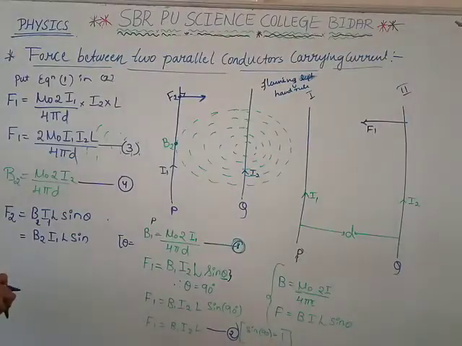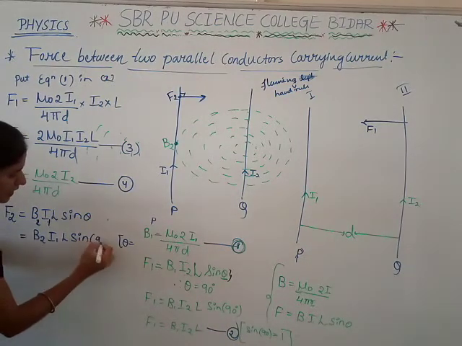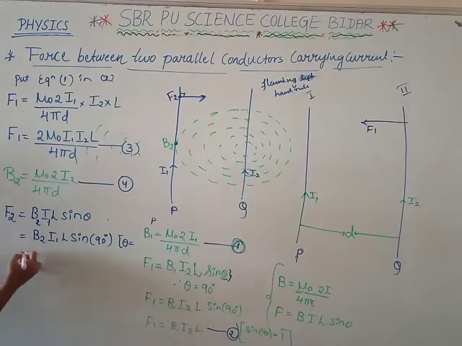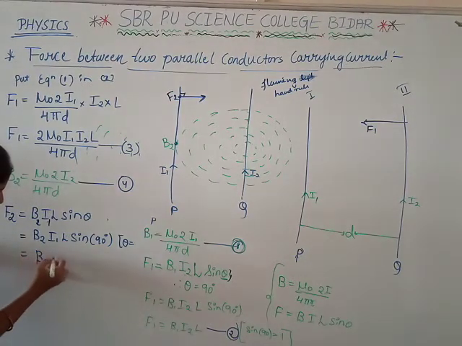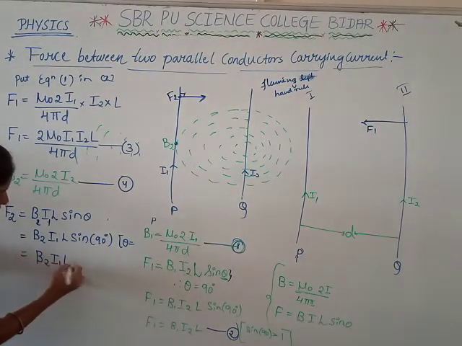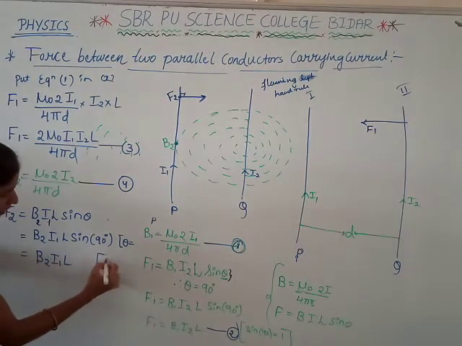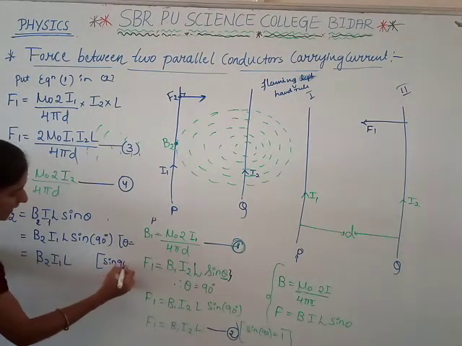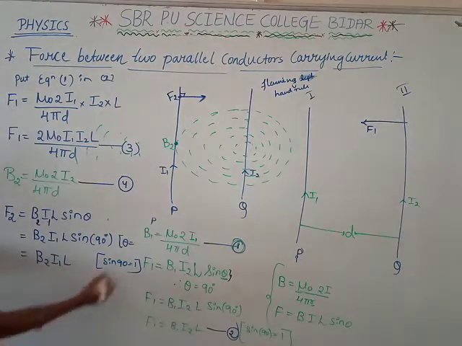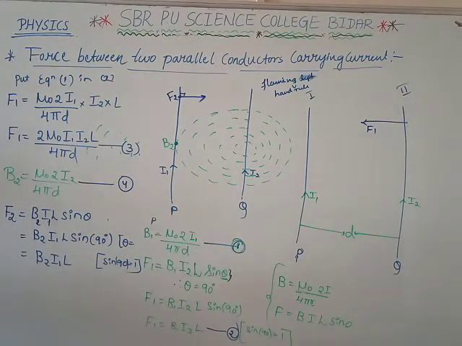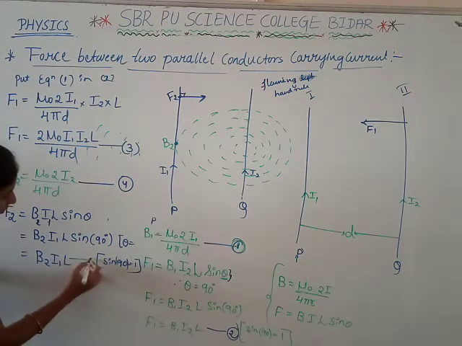Perpendicular to the magnetic field means the theta value is 90 degrees here. That is B2 I1 into L into 1, because sin 90 is equal to 1. Okay. Now consider this as equation 5.